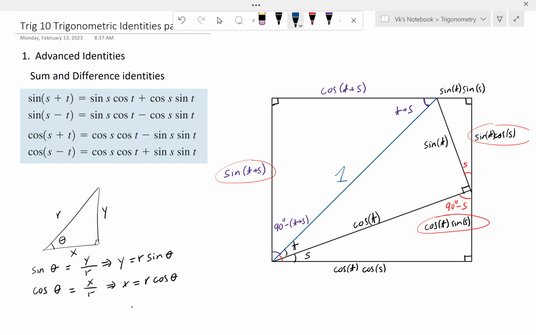And then if we look at the cosine of T plus S, that is cosine T cosine S minus sine T sine S. Wow, amazing, huh? We just proved the sum identities.